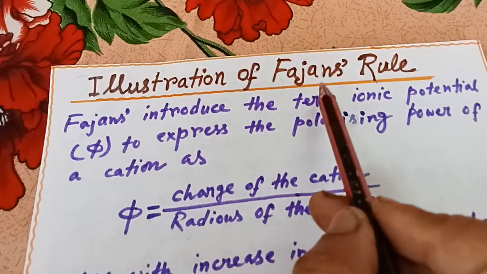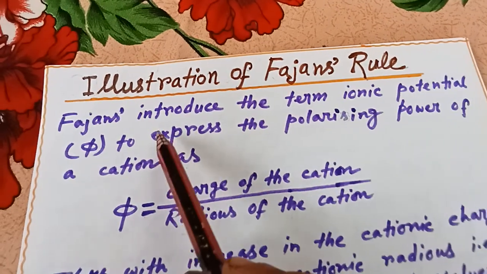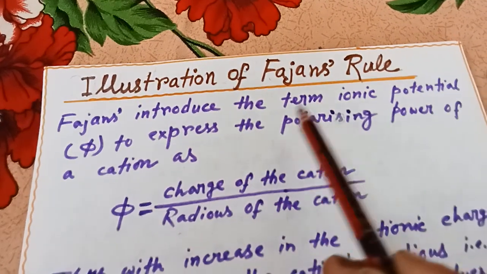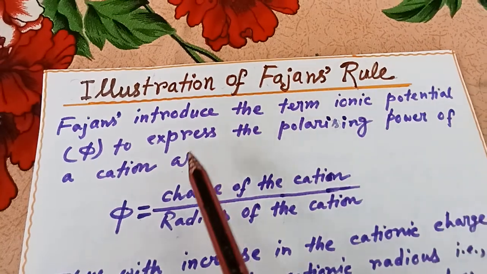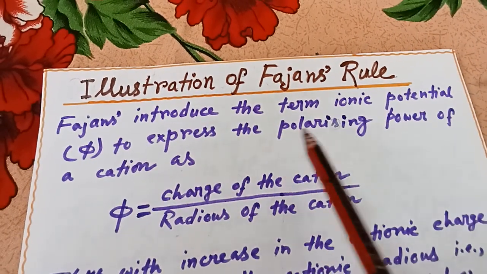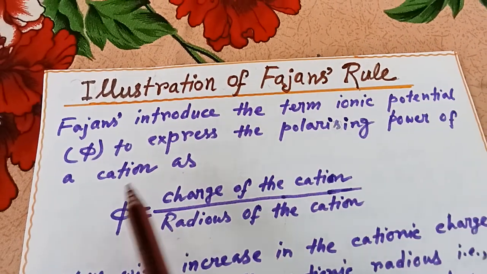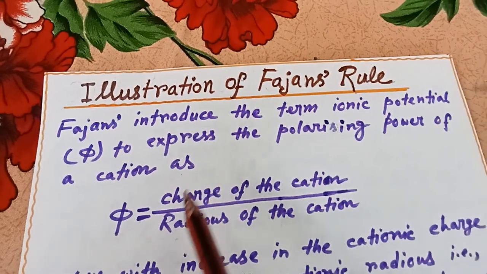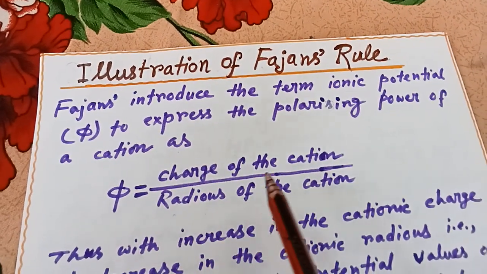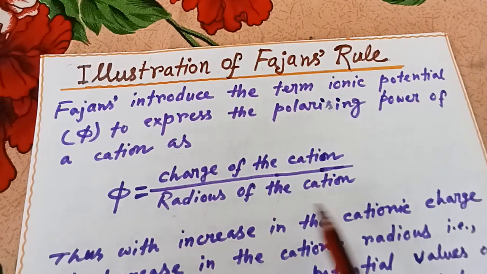Illustration of Fajans rule. Fajans introduced the term ionic potential, phi, to express the polarizing power of a cation as phi equal to charge of the cation divided by radius of the cation.